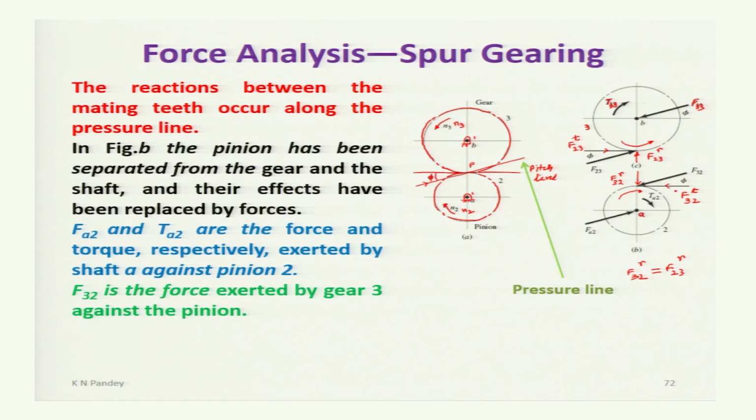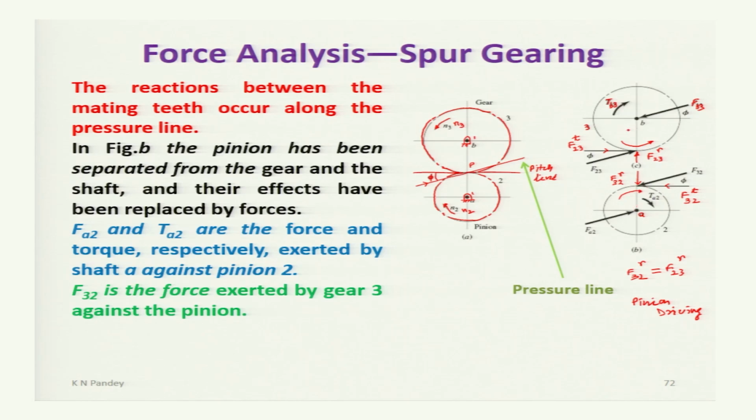The direction of F32 tangential is opposite to the direction of rotation of the pinion, and the pinion is the driving gear. So we can say that the tangential component on the driving gear will act opposite to the direction of rotation of the driving gear.